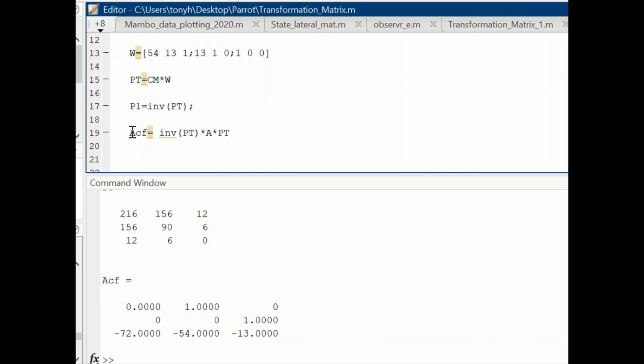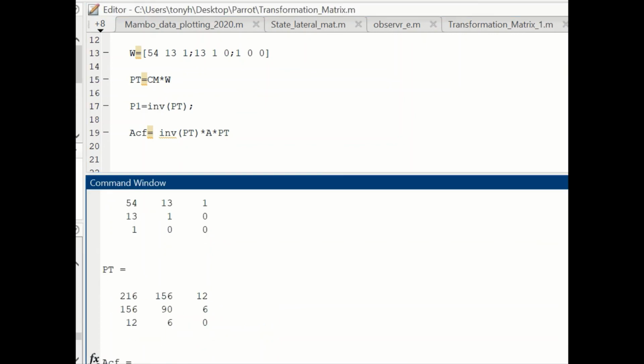And what we should find out then is that A is in observer companion form, but this part here is actually in companion form, showing that the transform is correct. And if we run the code, we would get the following results.